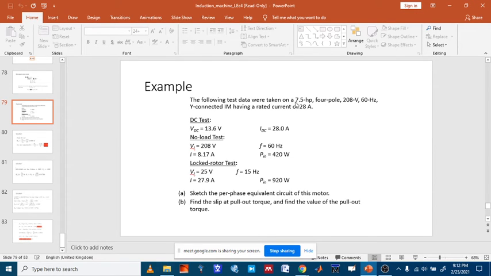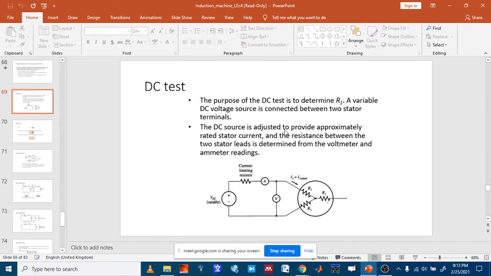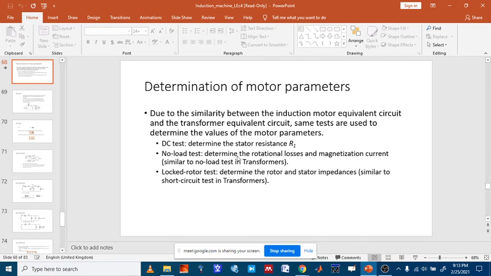The following test data were taken on a 7.5 horsepower, 4 pole, 208 volt, 60 Hz star connected induction machine having a rated current of 28 amps. This is a DC test. Parameters: EDC 13.6 volts, IDC 28.0 amps. From the DC test we determine the stator resistance R1.